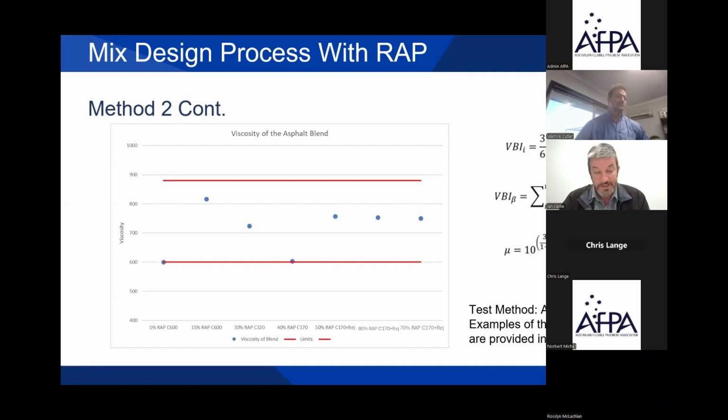And it is possible in some cases, depending on RAP type, at 40%, we could just substitute a C170 in and still achieve a C600 grade binder. Obviously, once we get up to 50, 60 and 70% RAPs, that's when a rejuvenator will come into effect, and you'll hear more about the rejuvenators in the field trial after this. But we can then really design the viscosity to whatever grade by increasing the amount of rejuvenator.